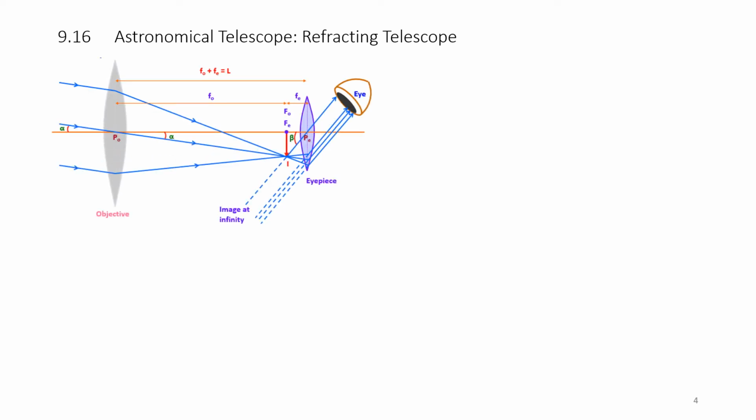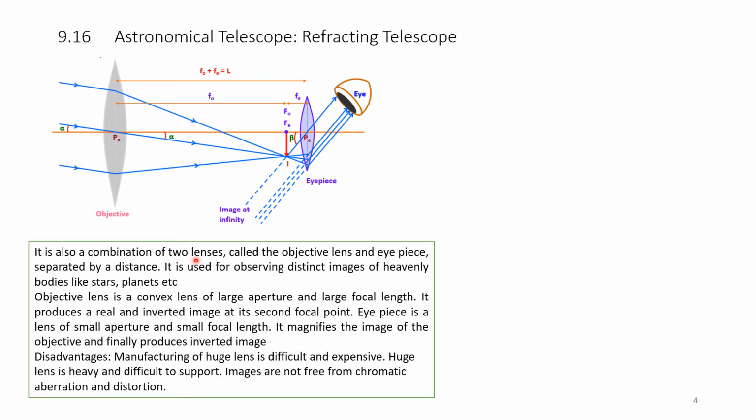Astronomical telescopes are refracting type telescopes. Here we have two lenses, called the objective lens and the eyepiece, separated by a distance L, which is equal to f naught plus fe, where f naught is the focal length of the objective and fe is the focal length of the eyepiece, which is small.